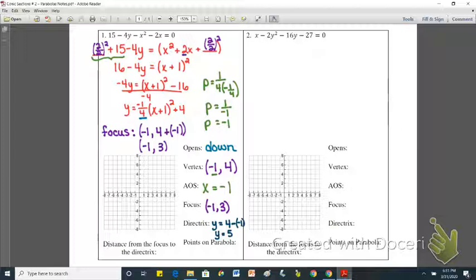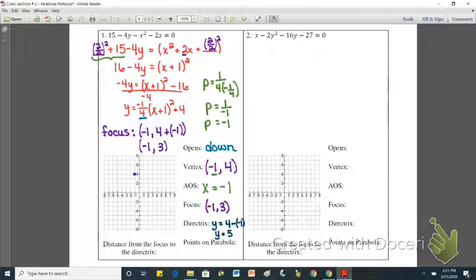So here we go. To graph this, first things first, I am going to graph my vertex. So I'm going to put a point at -1, 4. From there, I'm going to go ahead and graph my focus.